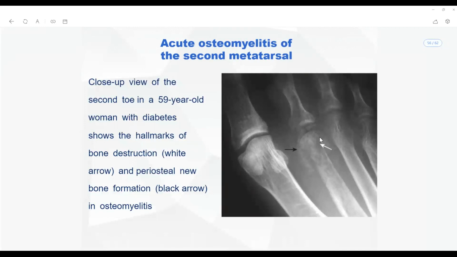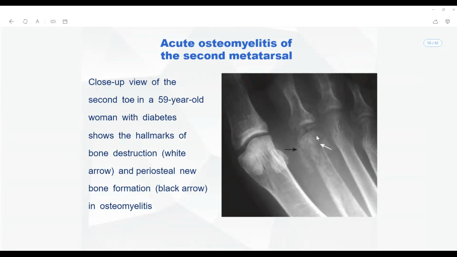Osteolytic or bone destructive lesion, both mean the same. And you can also see a periosteal reaction, which is called the laminated or stripping appearance. Stripping of the periosteum, which is seen in osteomyelitis.